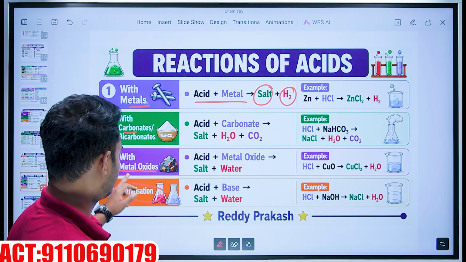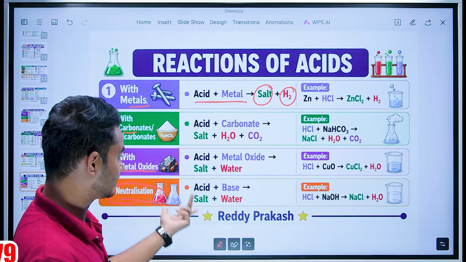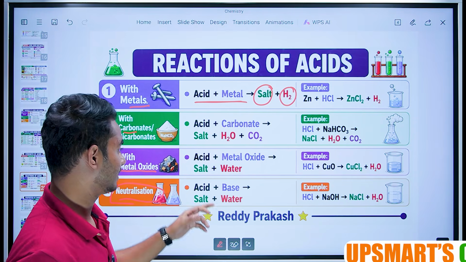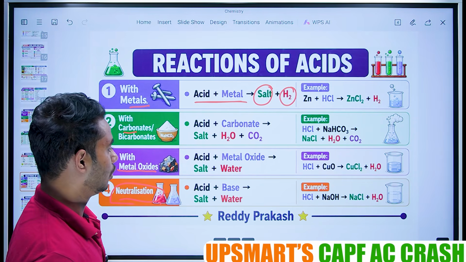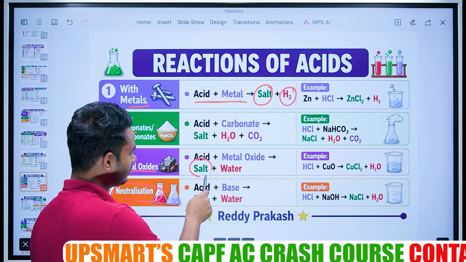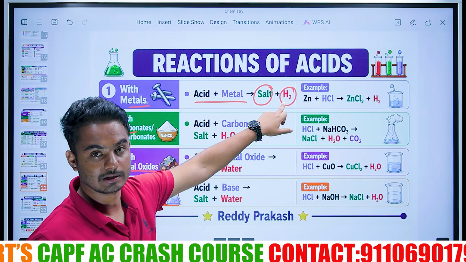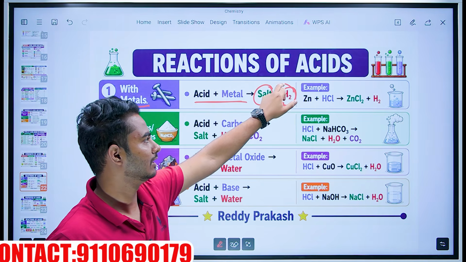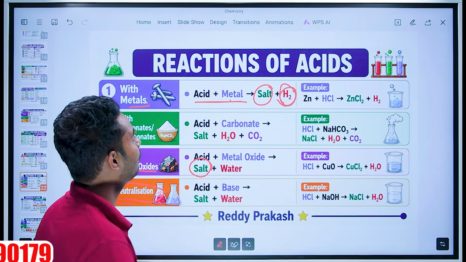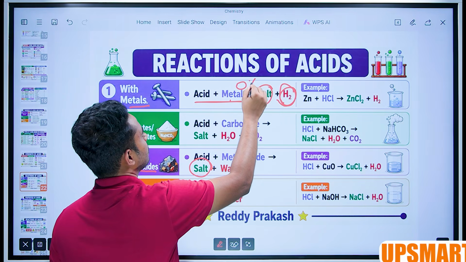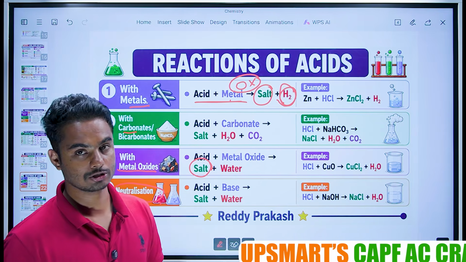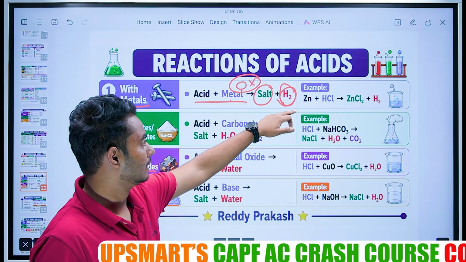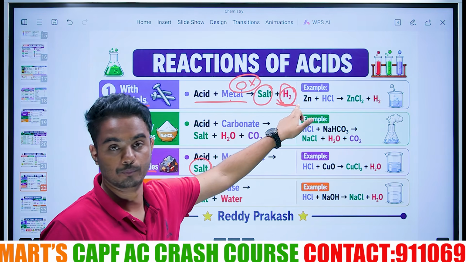Now again, when acid reacts with metal oxide, it gives a salt. Here H plus is given, giving H2. A metal will not have oxygen, so in the release it will give only H2.